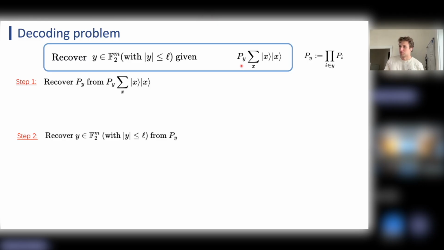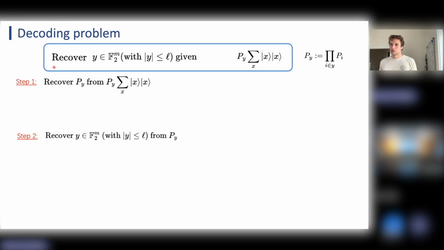The right way to solve this problem is to divide it into 2 steps. The first looks like a quantum error correction problem, where this is a quantum state. You have some maximally entangled state and then some unknown Pauli is applied to it. So you can think of it as an unknown Pauli error applied to a logical code word.